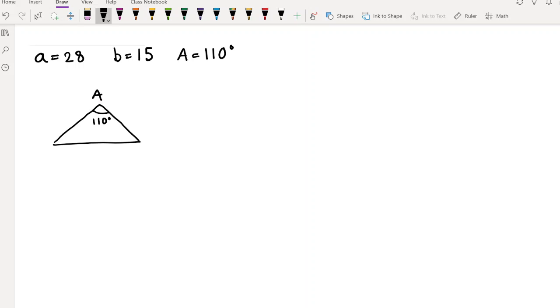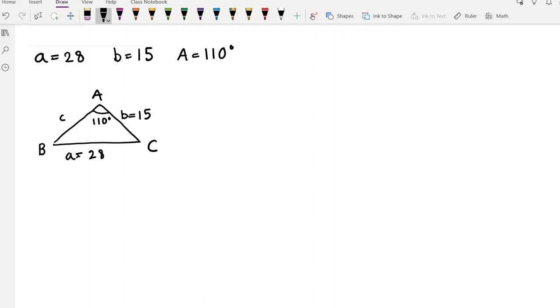So we can make that A. And so it means this is side with length 28. And actually, I'm going to flip that around. Let's make this angle B. And so this is side b, which has a length of 15. And we don't know what C is. So that's the information that's given.